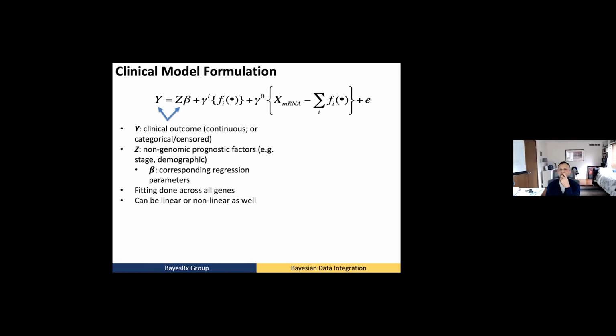In the first session, we didn't think about that, but that's something moving forward. So, just carrying on, the components from the mechanistic model feed into the clinical model, and that's also a standard regression model.